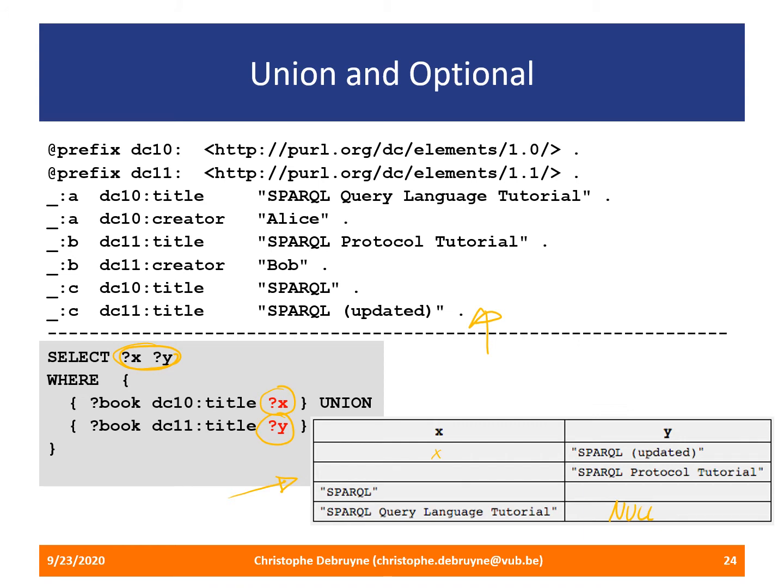So you can use the union operator even when the variable names are different. What will happen is that for every variable that has no value, there will be a NULL, no value will be provided.